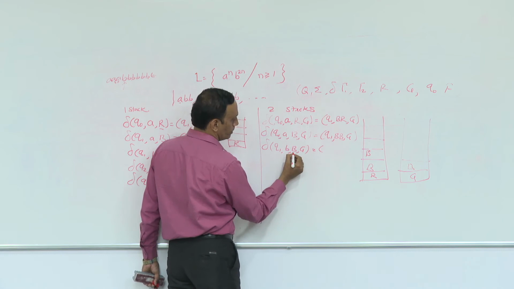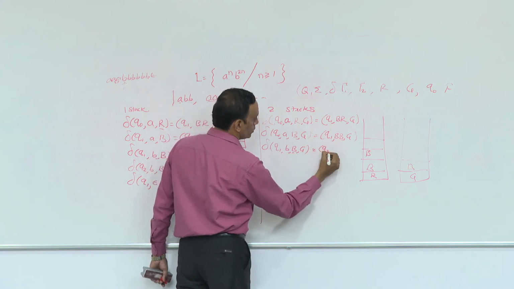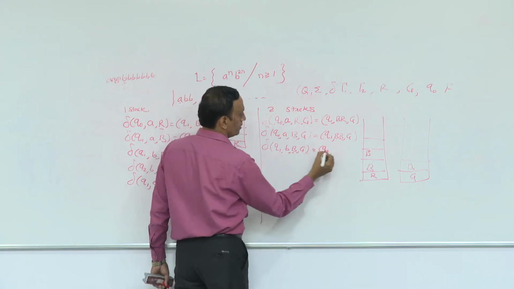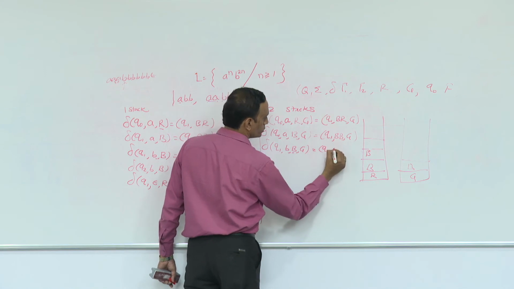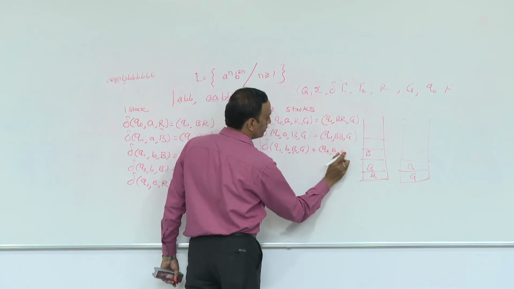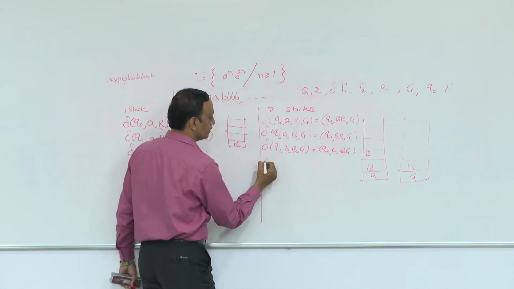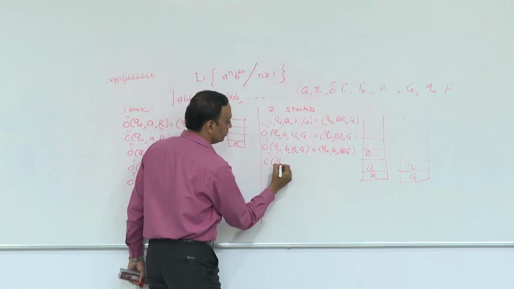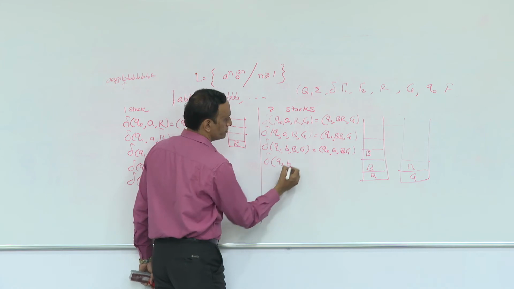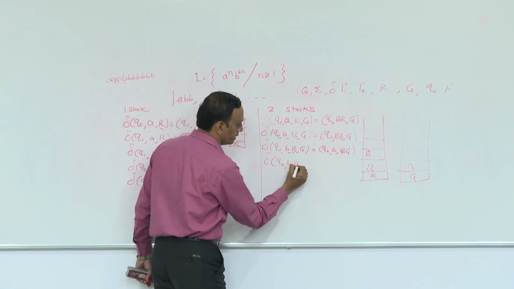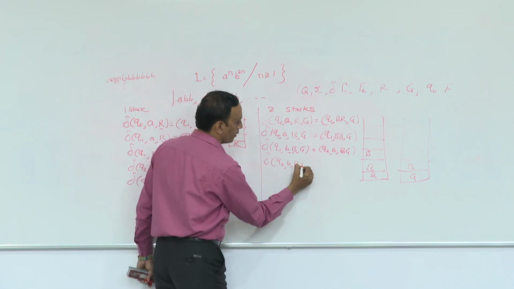As this is to be popped, we write Q2. Then we popped this, so epsilon, and we push a blue plate into the second stack. So we got BG.